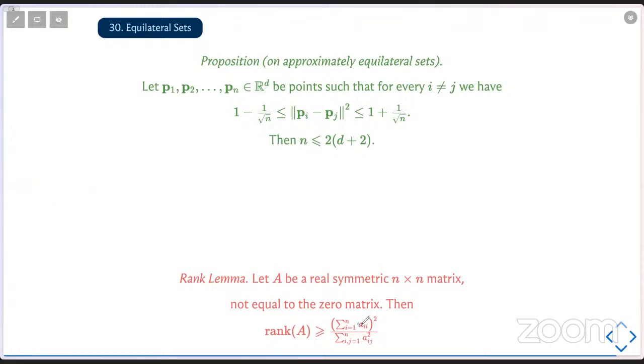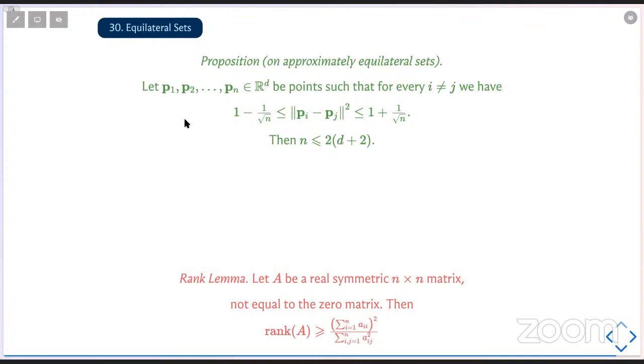But it turns out that the idea is essentially to leverage the fact that if you have a real symmetric n by n matrix, then the matrix is going to have n eigenvalues at most, and these eigenvalues are going to be real.